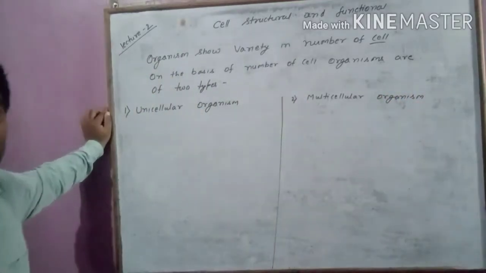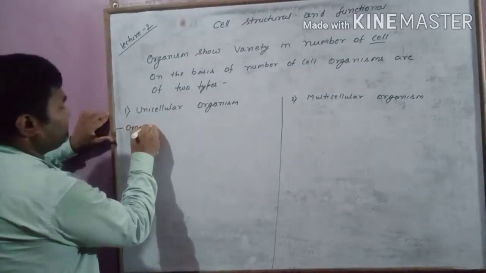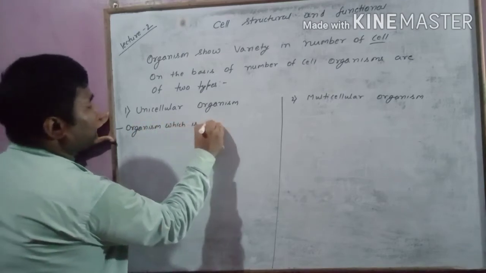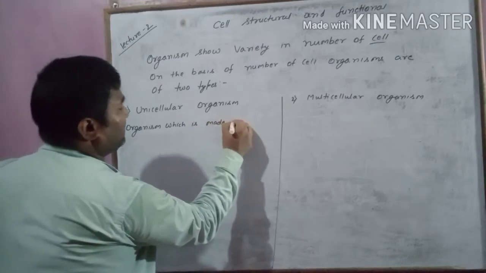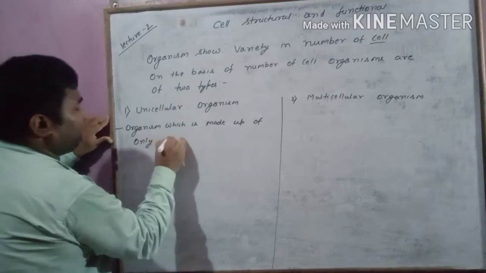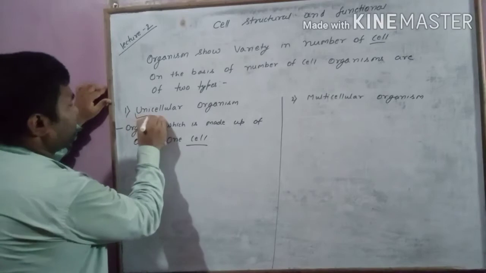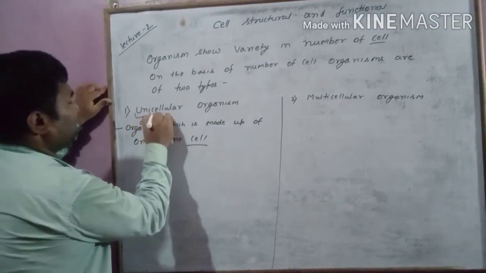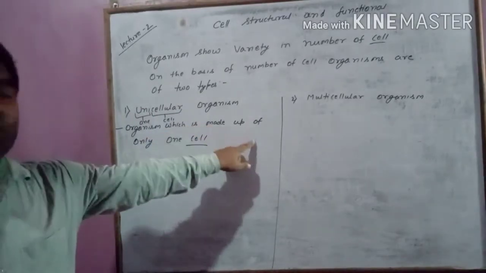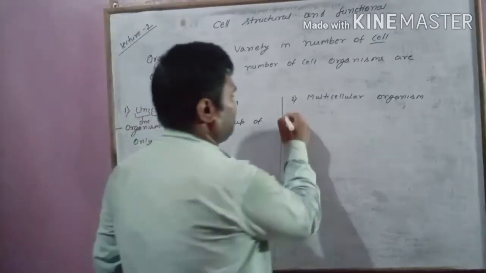What do you mean by a unicellular organism? An organism which is made up of only one cell. Uni means one, cellular means cell. So an organism which is made up of only one cell is called a unicellular organism.